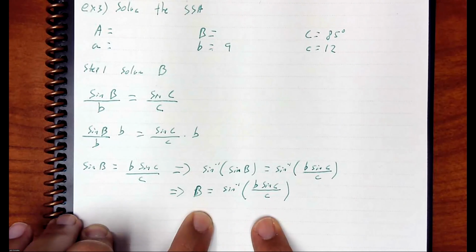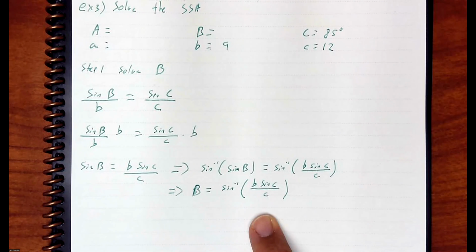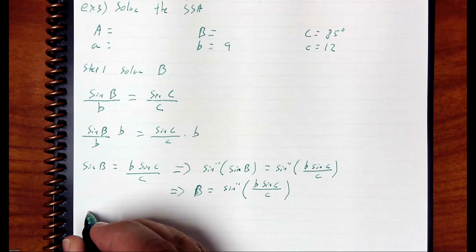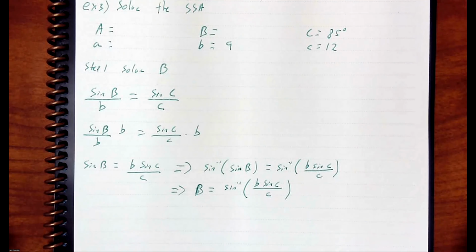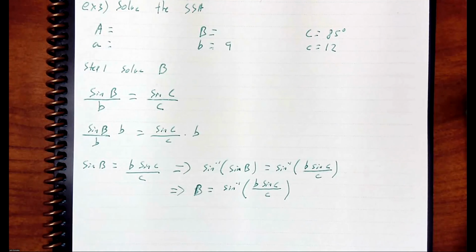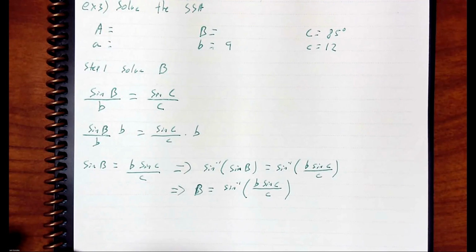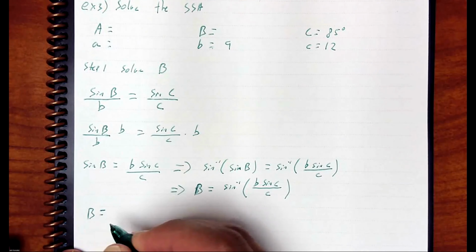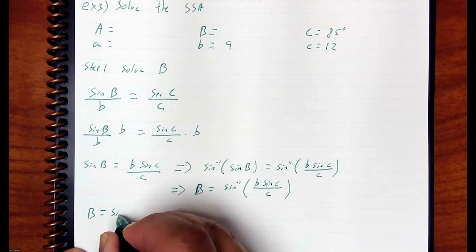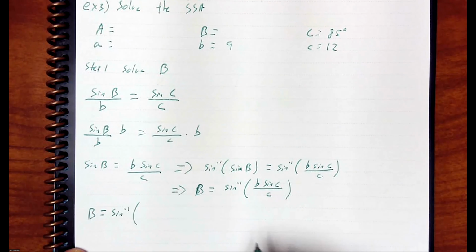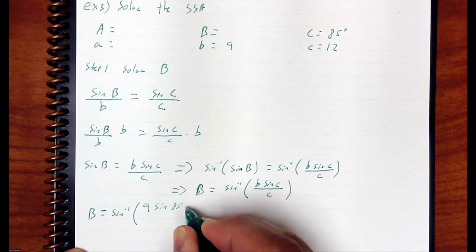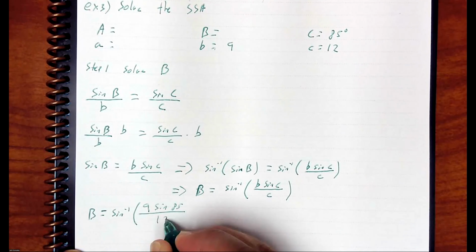Then once you do that, you remember we had a possibility of 2 different solutions. So that's what's going to happen again. So B would be equal to sine inverse of 9 sine 85 over 12.